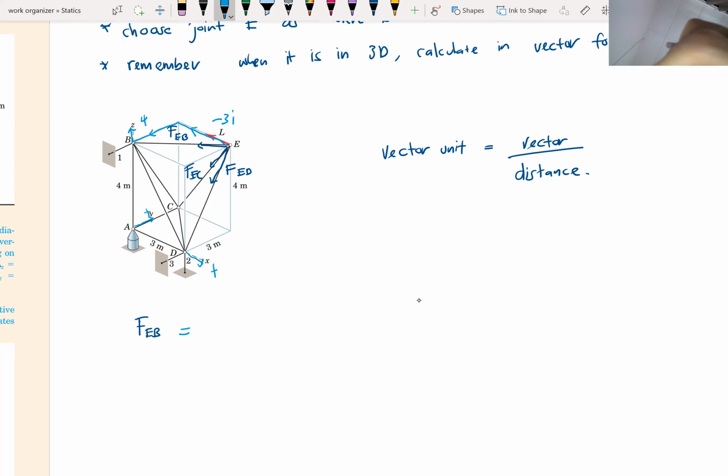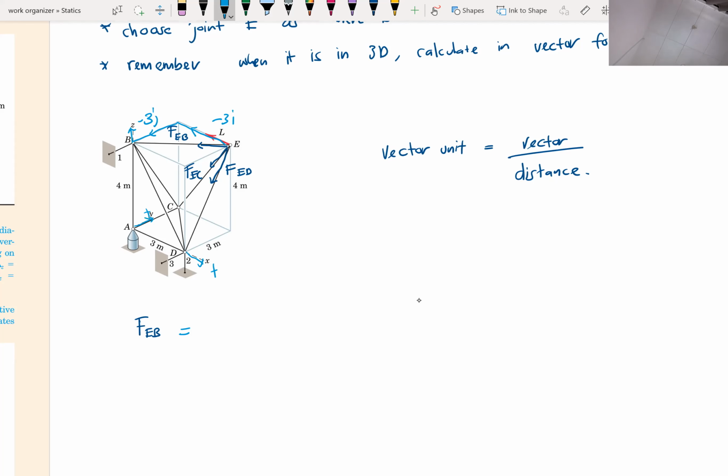How come here is 4? Yeah, so this is 3. Minus 3J, because it is in line with the y-axis but heading to the left.